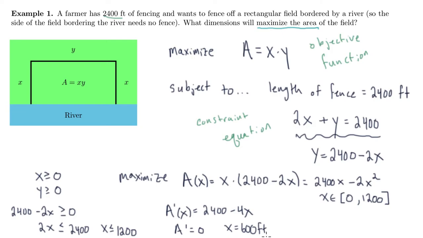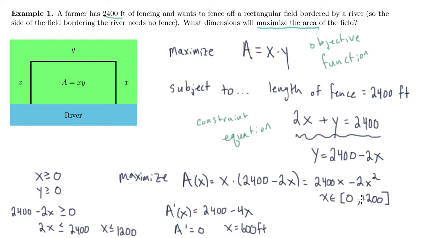Now I know that my absolute maximum is either going to occur at a critical point or at one of the two endpoints of my interval. So x equals 0, x equals 600, or x equals 1200. But x equals 0 and x equals 1200 are ridiculous, right? Both of them are going to give me an area of 0.